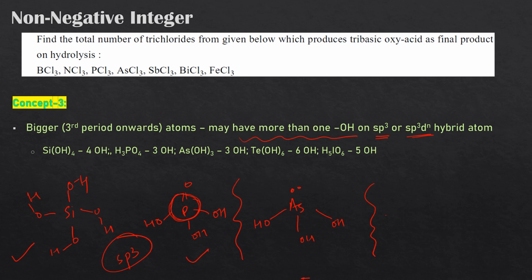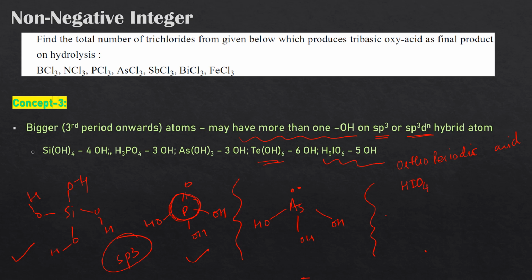The same way we have got some other examples like this tellurium hydroxide, which is having 6 OH groups present, and this is basically what we call orthoperiodic acid, which we might have used in the oxidation of geminal diols.